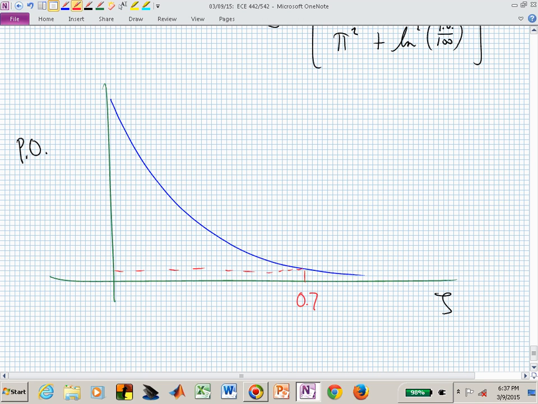Do you remember? It's approximately 5%. Then if you looked at a zeta value of 0.6, that's approximately 10%. And if you had a zeta value of 0.2, that's going to give you a pretty big overshoot, which is 50%.